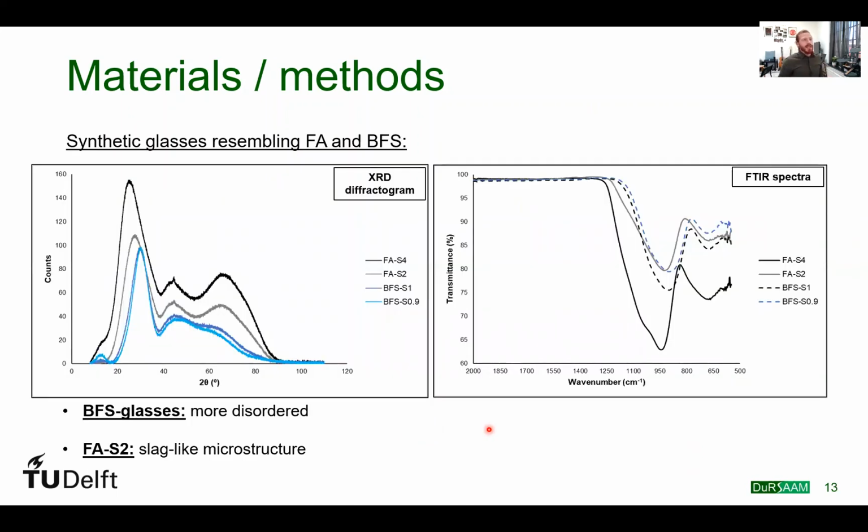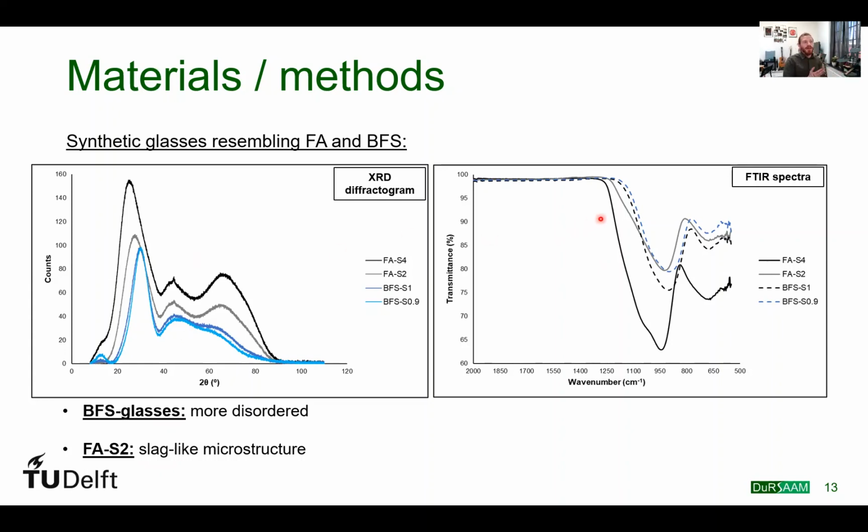Here we can see, as the diffractogram and the spectra of the raw glasses show, that slag glasses are more disordered than fly ash glasses, but fly ash S2, the calcareous fly ash, has a microstructure which is more similar to slag than to fly ash. We see this in both plots.